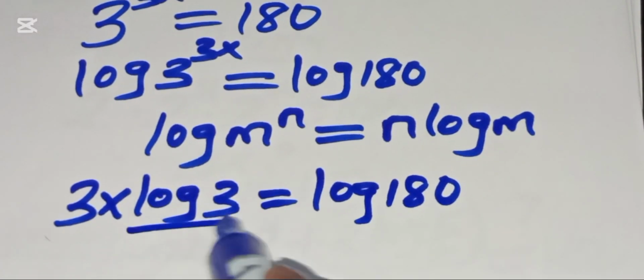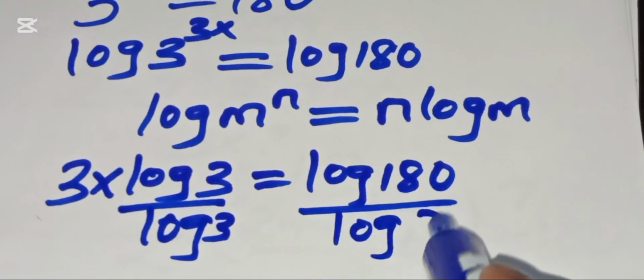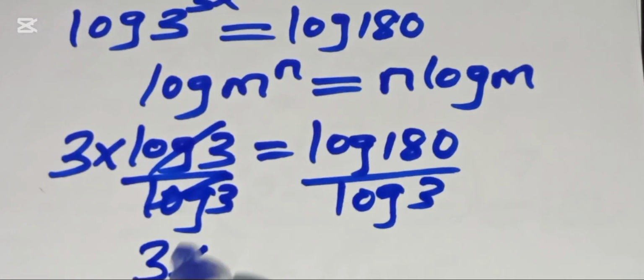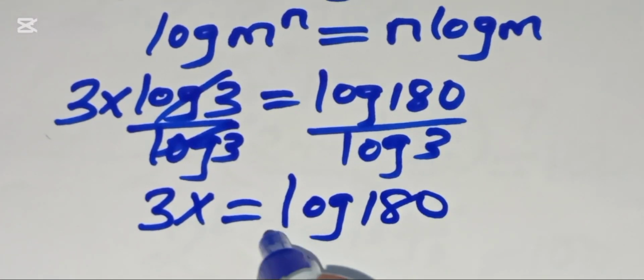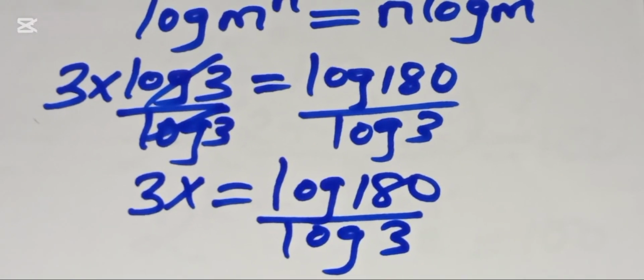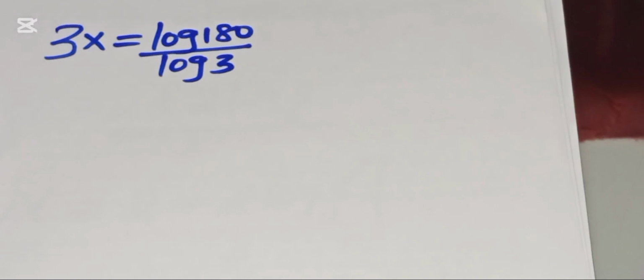So we divide both sides by log 3. Now let's simplify this. We'll have 3x equal to log 180 divided by log 3.